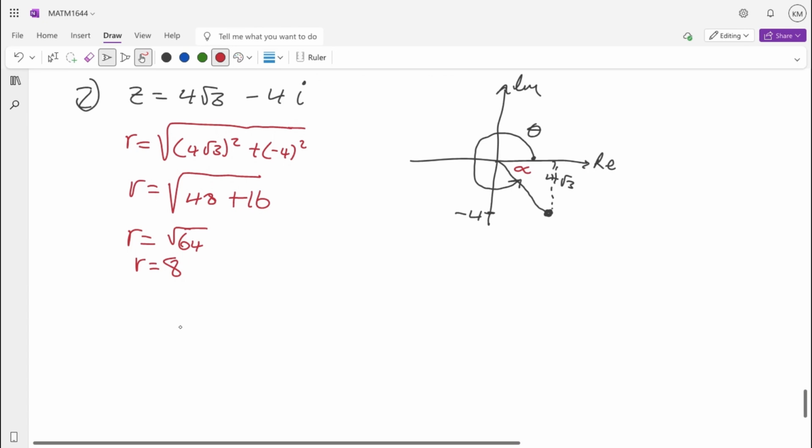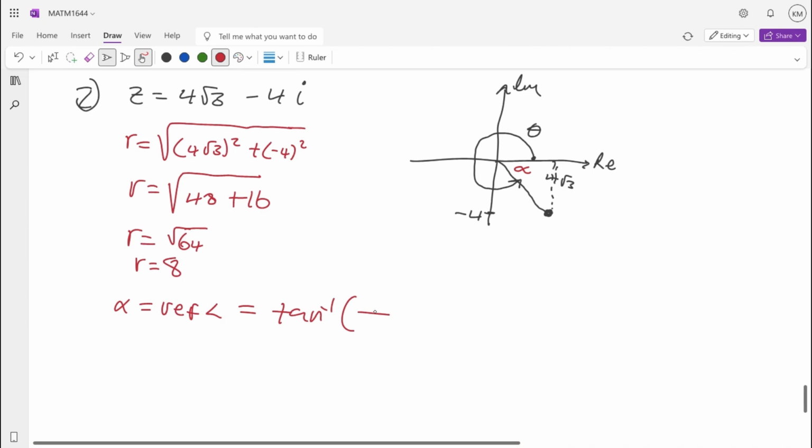Then the only thing left is to calculate our argument angle. We will first have to find our reference angle. The reference angle is going to be arctan of b over a, where a is 4 root 3 and b is minus 4. But remember, when you are calculating the reference angle, you do not have to put the negative sign in there.